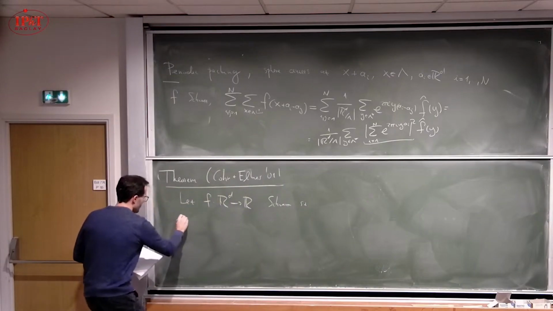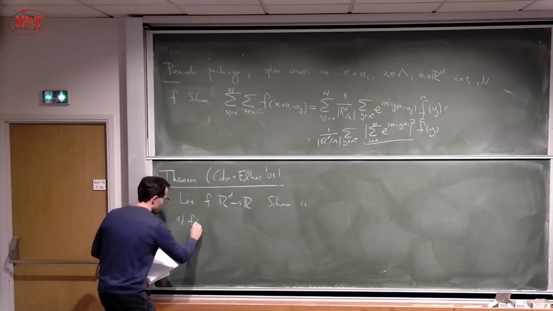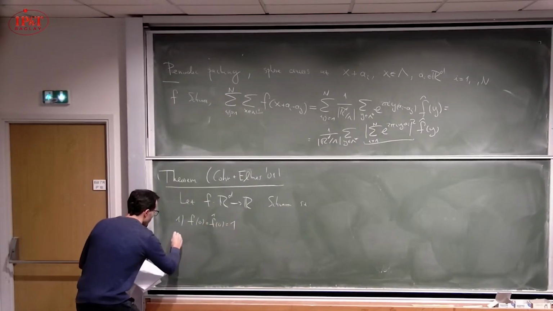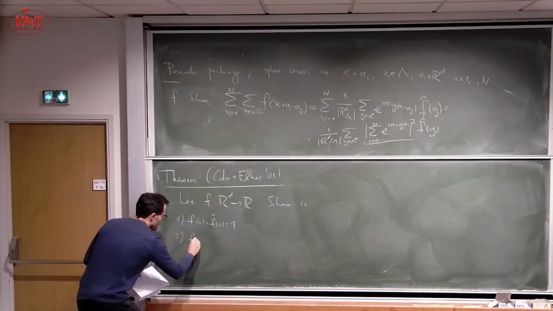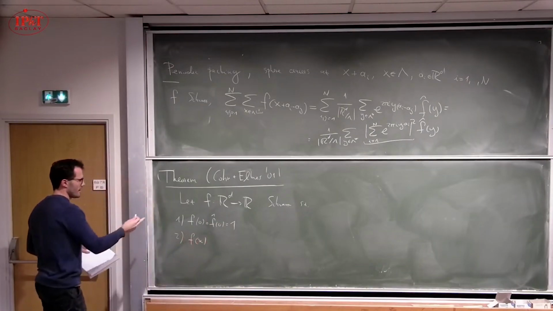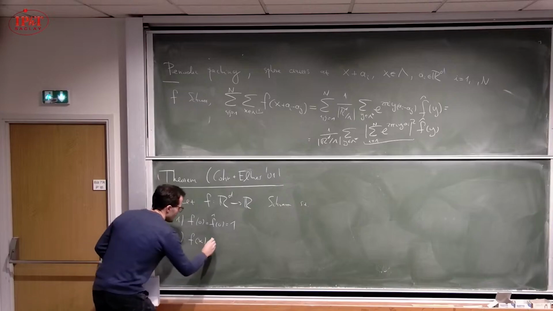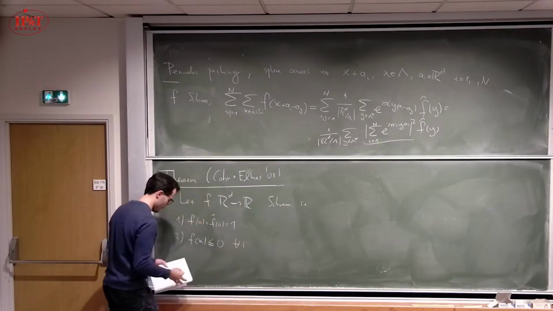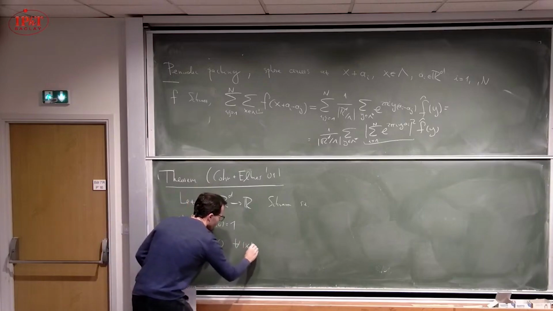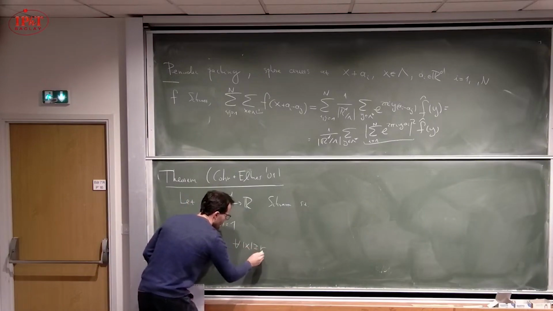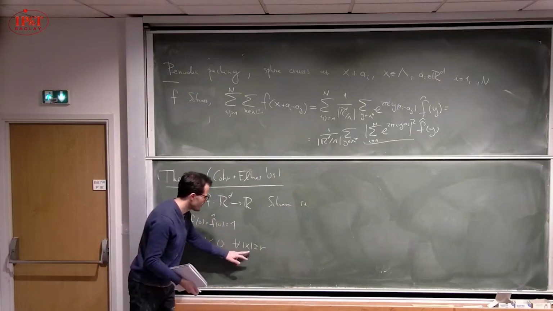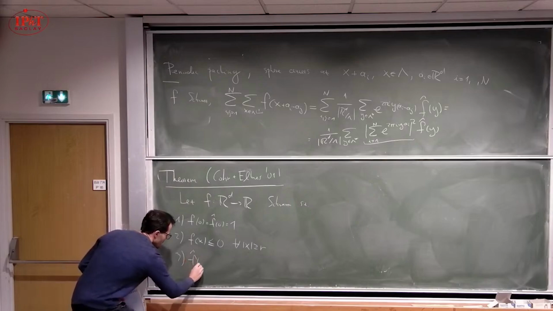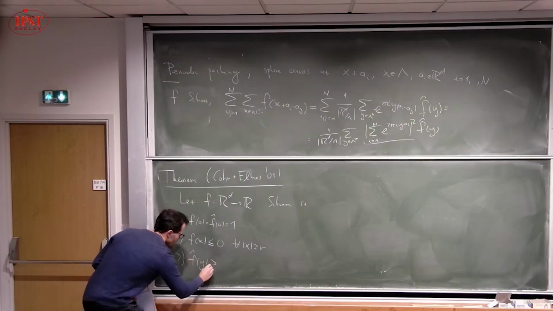First of all, there's some normalization, which is not so important. Secondly, let's suppose that f is non-positive for all sufficiently big vectors, so for all vectors whose length is at least r. And finally, suppose that f hat is non-negative everywhere.